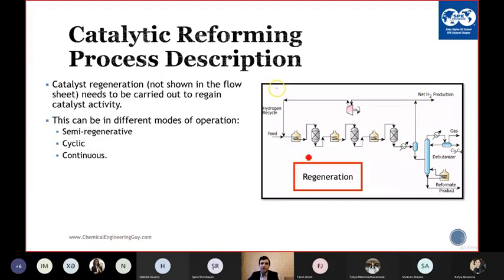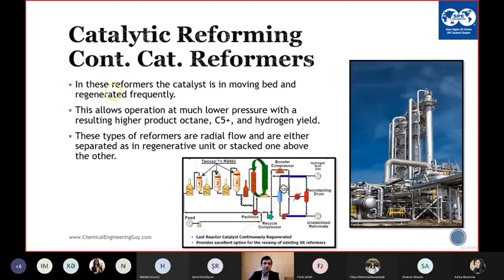And you have the regeneration section, which is different from the main process, but it is connected to the process. So here you can see that we have the regeneration. Okay, this part, you have the feed, cycle, unstable.